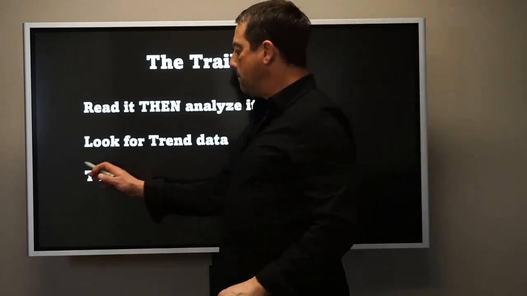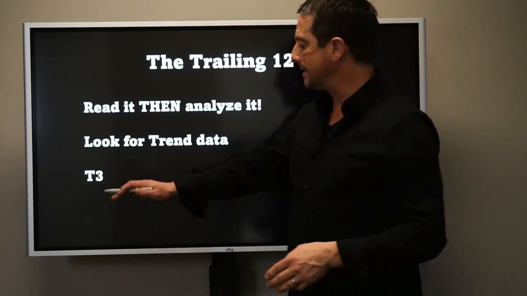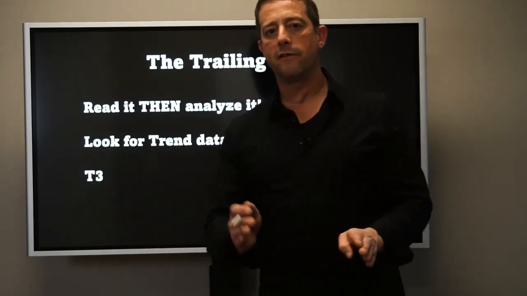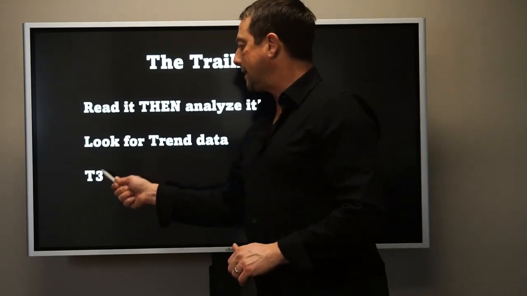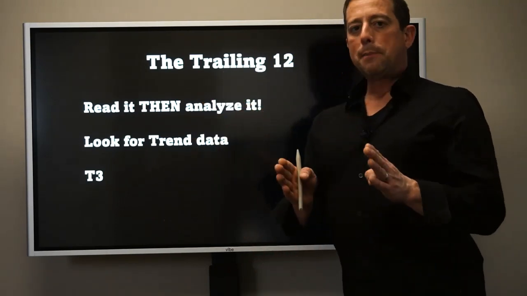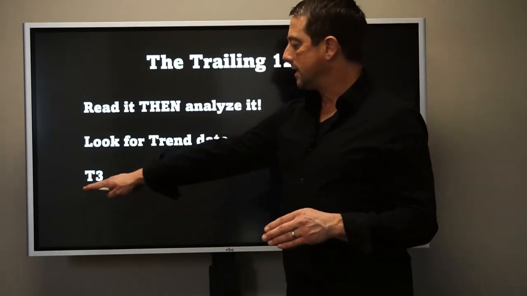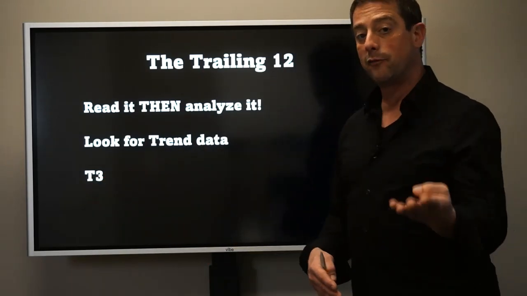And then I'm going to pay most attention to the T3. This is the last 3 months of a profit and loss, or a trailing 12 more correctly. The T3, as opposed to all 12 months, is where we get hypersensitive, because this is where lenders look the most when analyzing the deal for your loan.